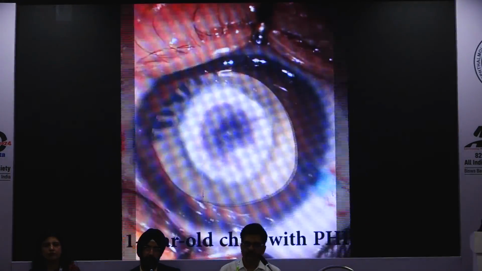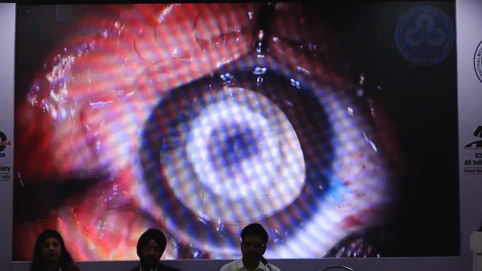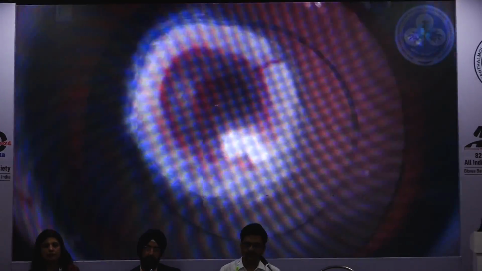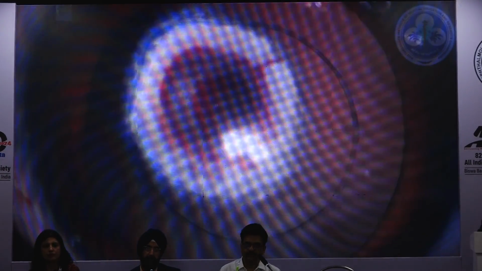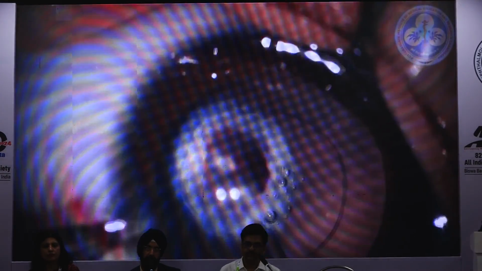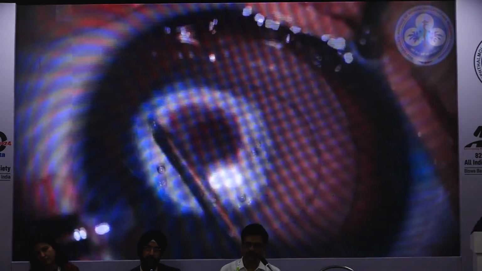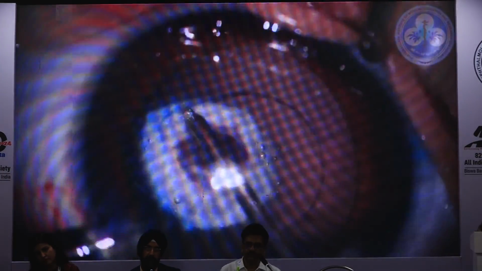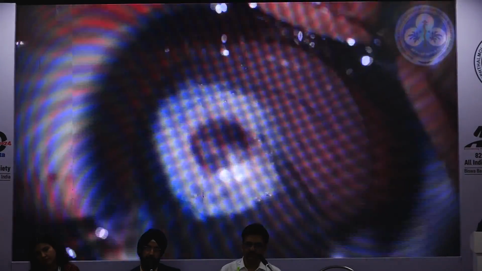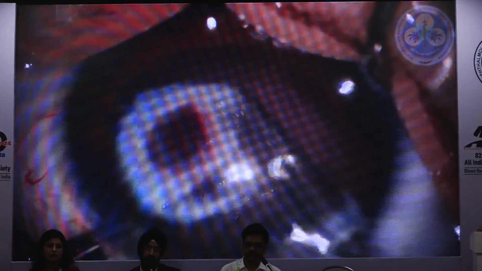Then probably the last clip, where it is a 1-year-old child with PHPV. It is a hemorrhagic type of PHPV. So this is again a complicated situation where we have to do cauterization of the vascularized posterior capsule and primary posterior capsulotomy.